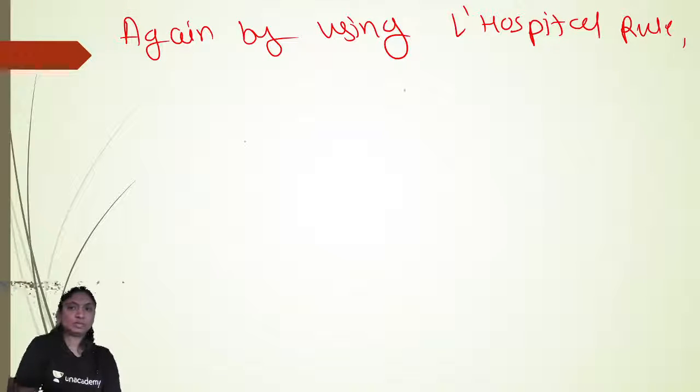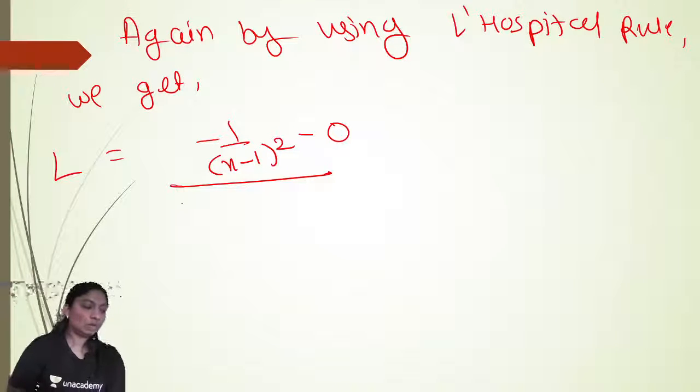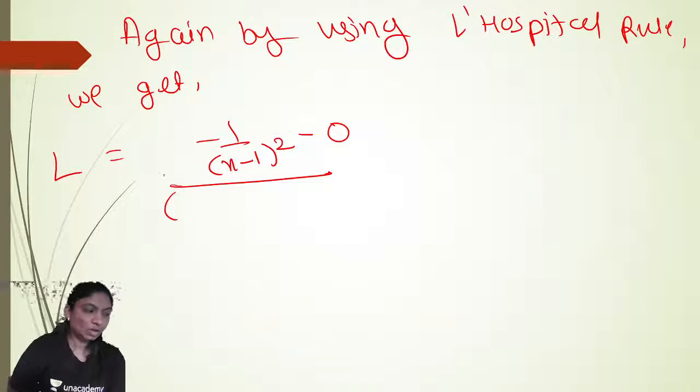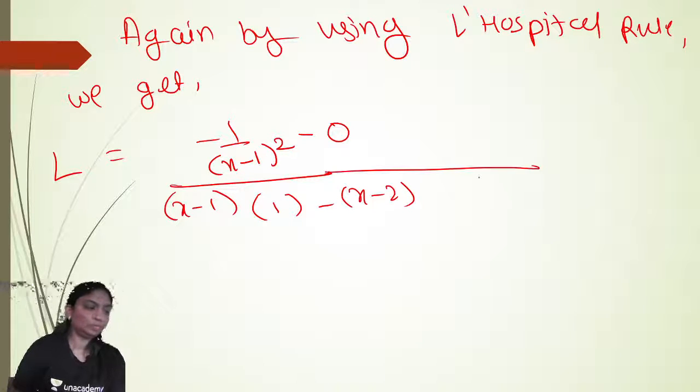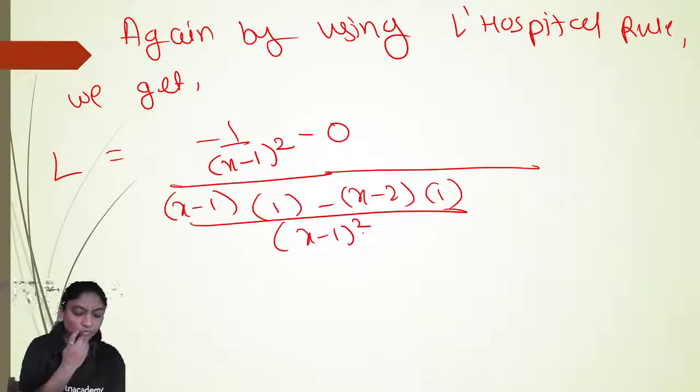Again by using L'Hospital's rule, we get L equal to minus 1 upon x minus 1 whole square minus 0, upon x minus 1 into 1 minus x minus 2 into 1 upon x minus 1 whole square, by the u v rule, plus 1 upon x minus 1.